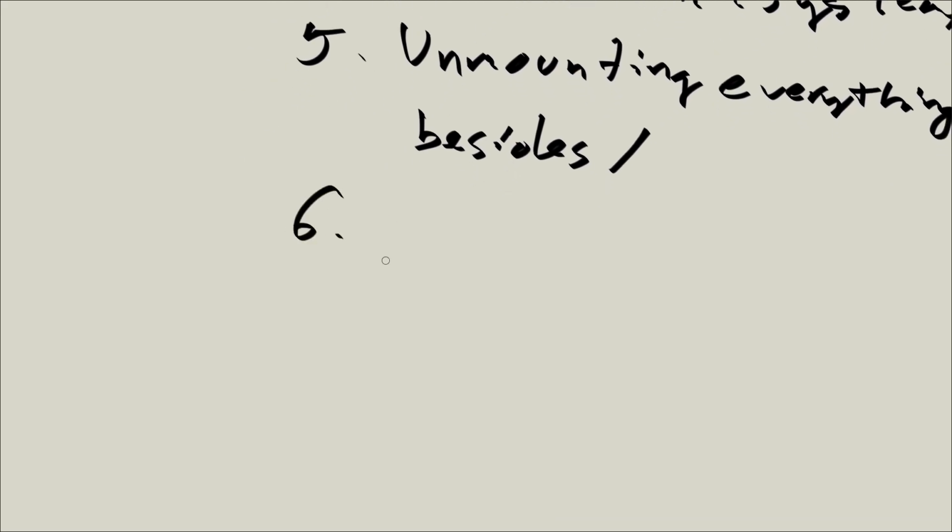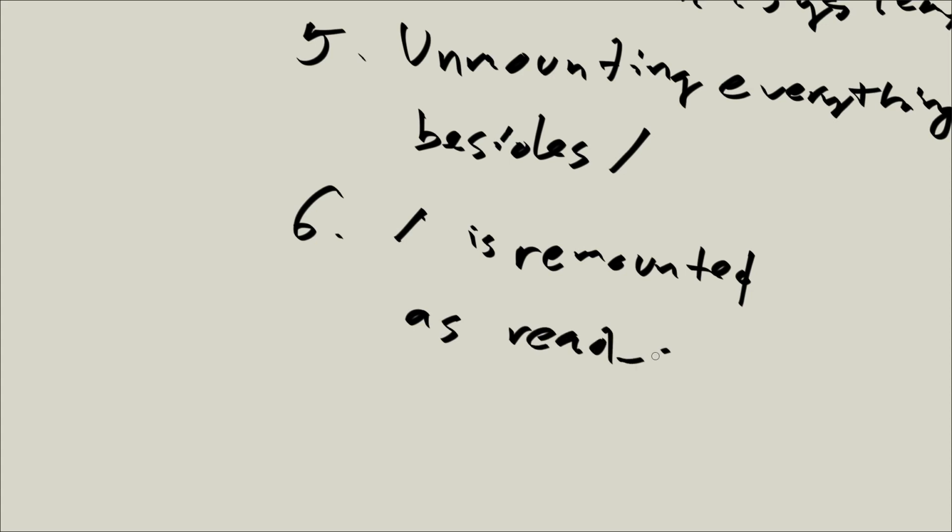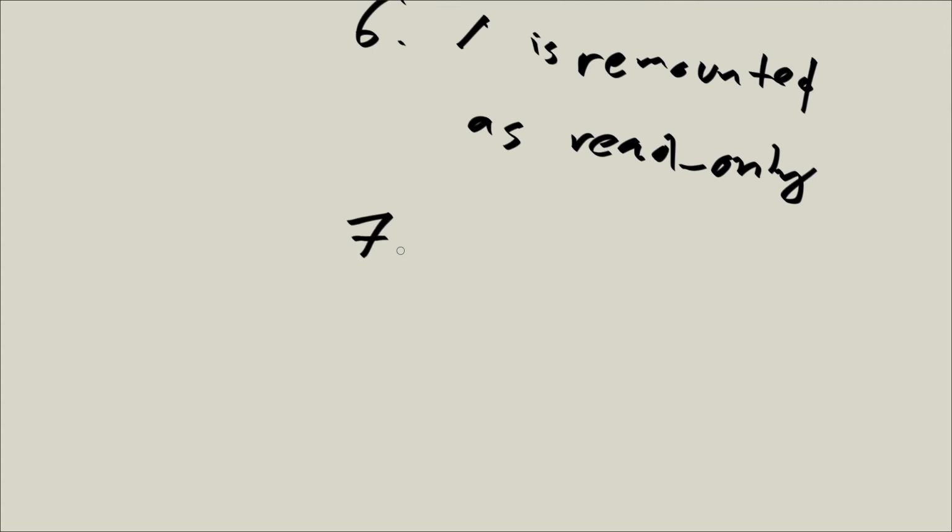Then the system remounts the root file system in read-only mode. Okay, then we have the seventh step. The seventh step is the system writes out all of the data left over in the buffers to the file system.